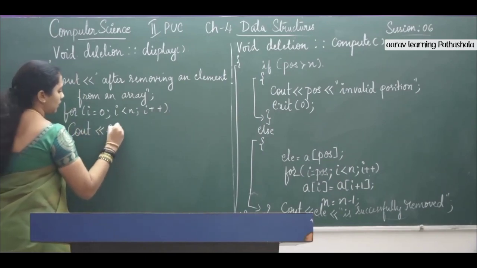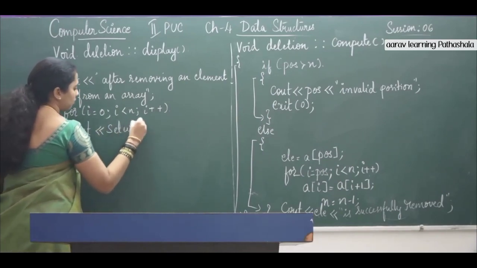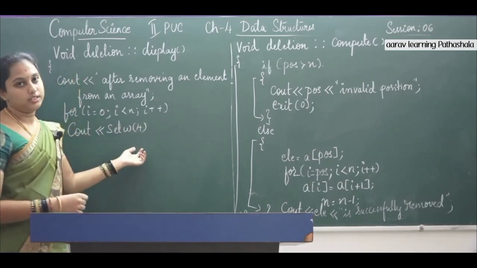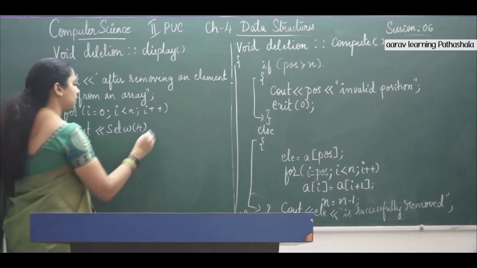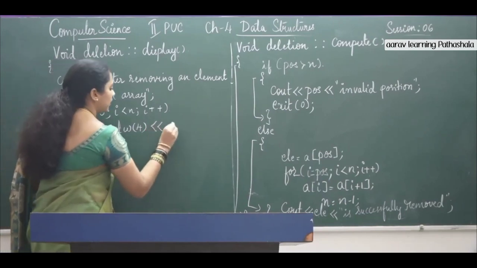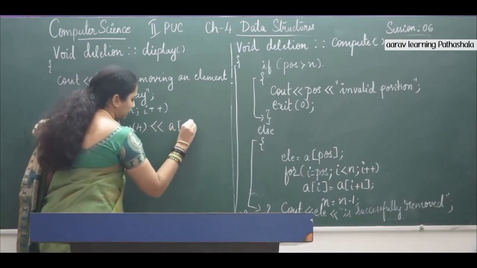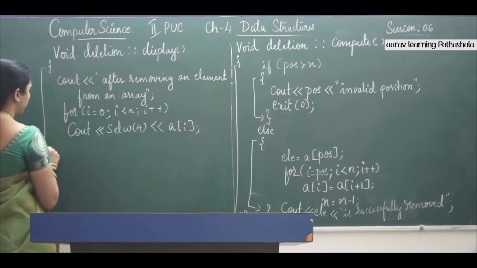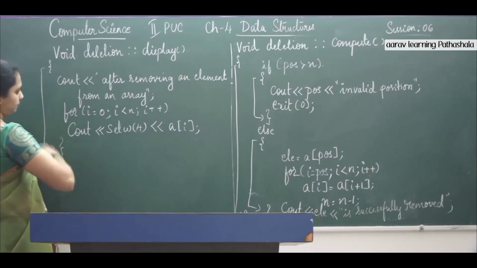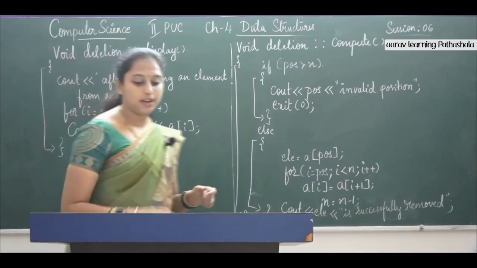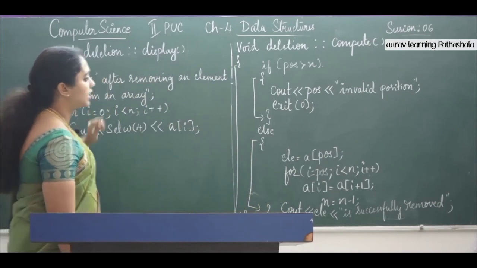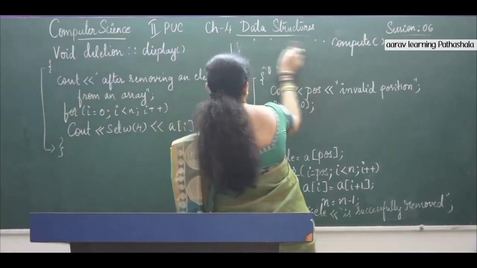Cout, setw function I am using to set the field width between the array elements, A of I. So close this function. Next we have to create an object for the class deletion.